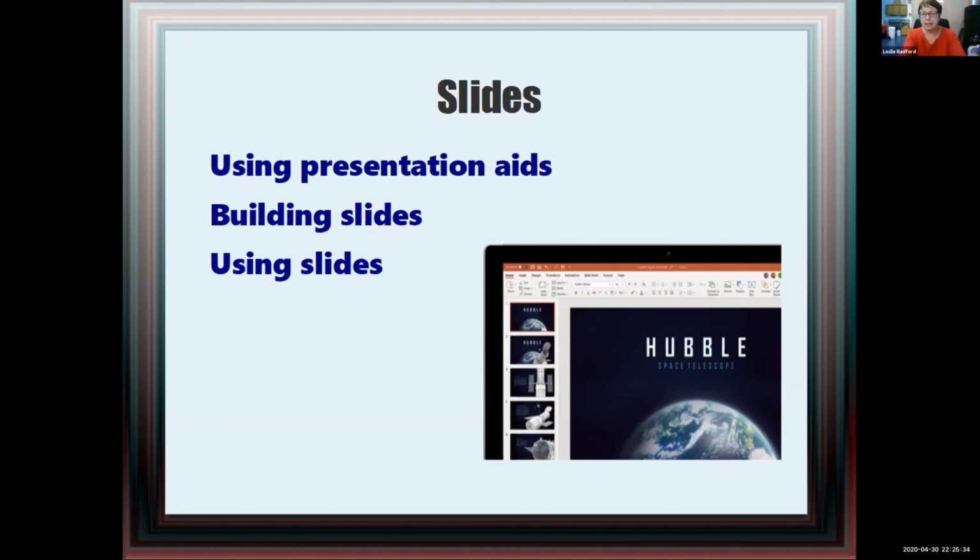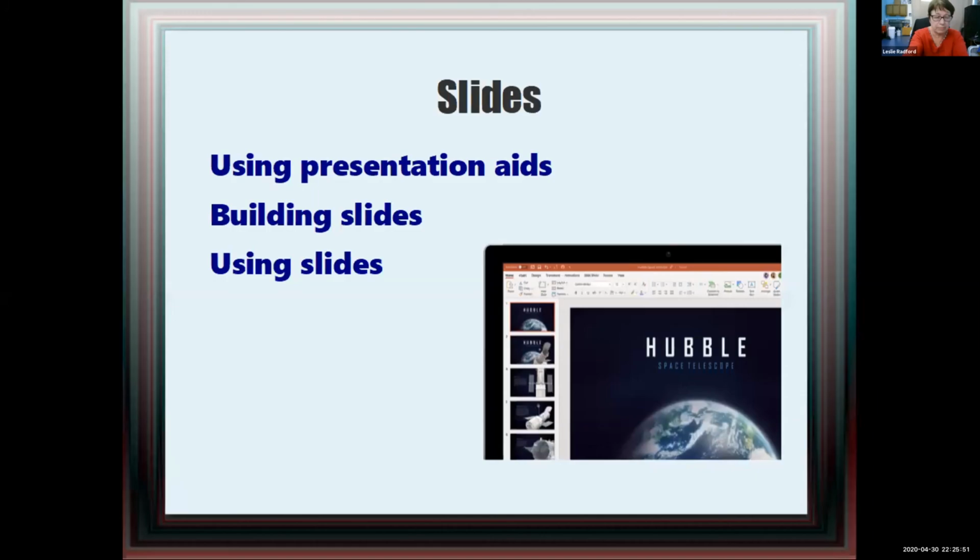I hit the B key. It gets them to blank out. B for blank, W for white. This works when you're projecting them too, by the way. And any key to go back. So if you want to do that, practice that.